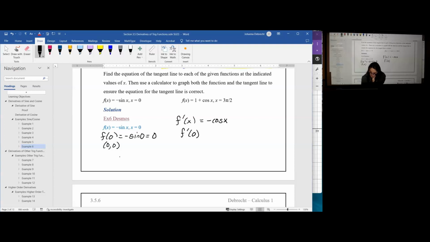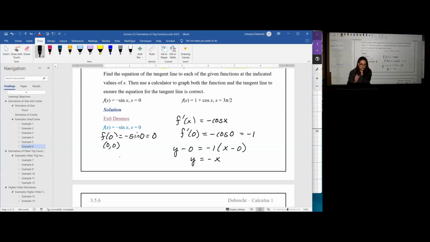And this gives me negative cosine of 0. The cosine of 0 is 1, so this gives me negative 1. Then I can write the equation of the line, y minus the y coordinate of 0 equals the slope negative 1 times x minus the x coordinate of 0, which simply reduces to y equals negative x.